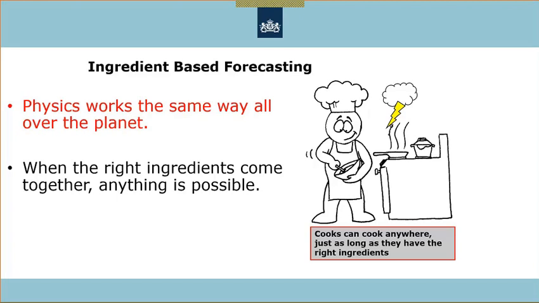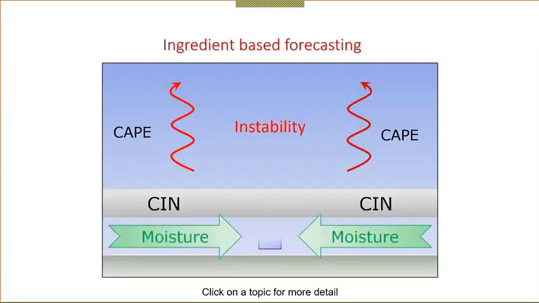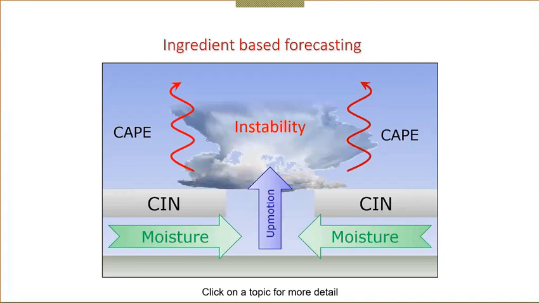Yeah, and basically when the right ingredients come together, anything is possible. And I will show you a short animation, which is, I think, a very nice summary of this methodology, this ingredient-based forecasting. As you can see in the lower part of this short animation, the boundary layer. In that boundary layer you need, of course, moisture.